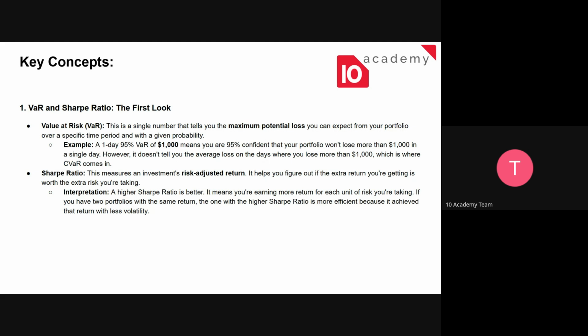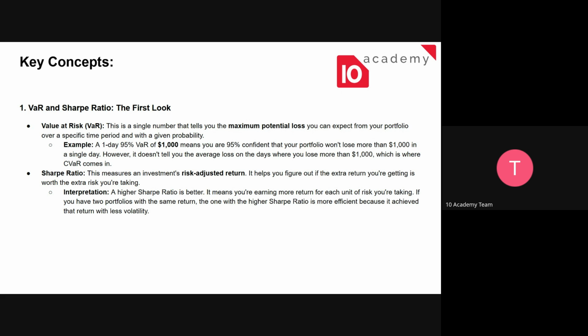So if we keep getting a loss of 1,000 in the markets, we can explain that using our VAR. If some days we get a loss more than the maximum value set by the VAR, that is where the CVAR, the conditional value at risk, comes in.